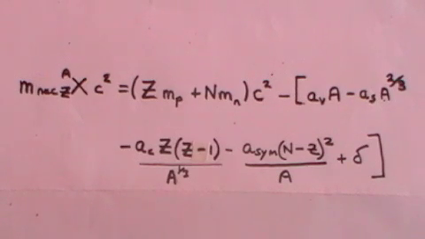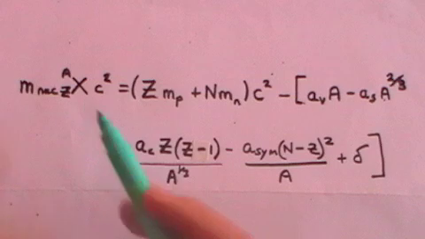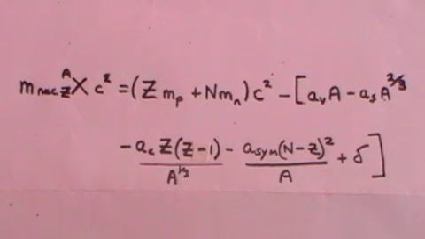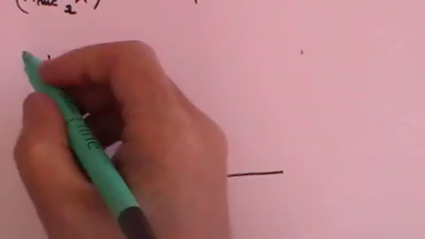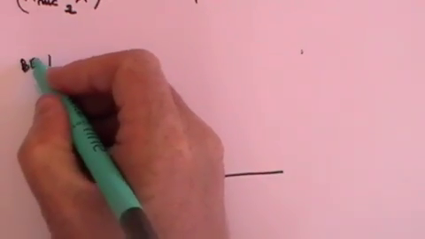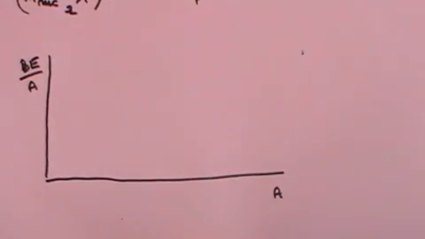Well, what that means is that we ought now to be able to calculate the mass energy of the nucleus of any atom. But before we do that, let's just have a look and see how that binding energy formula affects the graph: binding energy per nucleon plotted against the nucleon number.